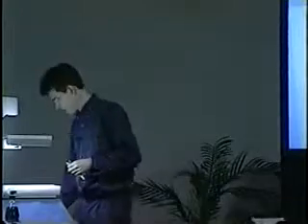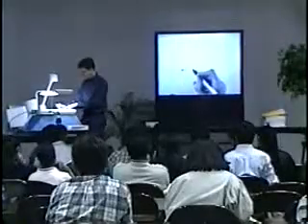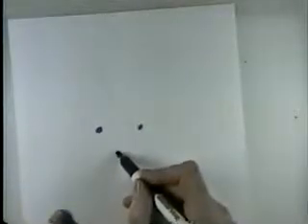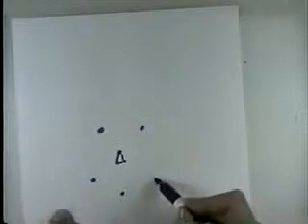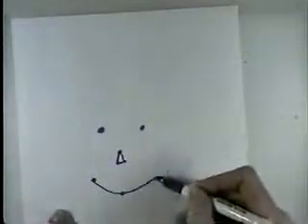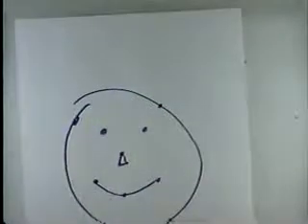I'm trying to think what would be a good example. If you drew this graph here, a smiley face graph, then information is lost if you don't have the curves in there.